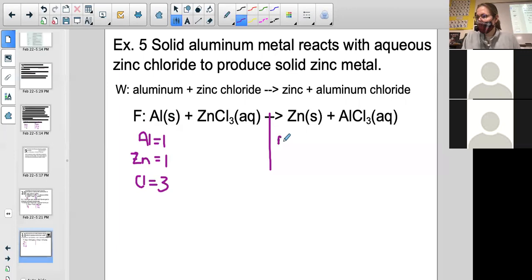Over here, make sure you list them in the same order as you did on the reactant side, it just makes your life easier. So aluminum, looks like we just got 1. Zinc, looks like 1. And chlorine, a little 3. So 3.